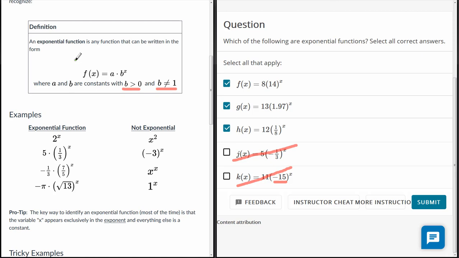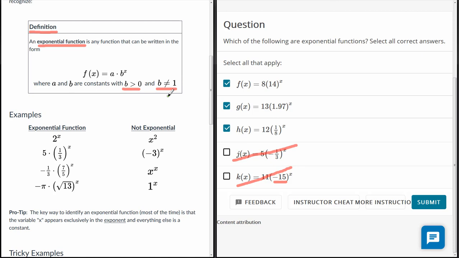We as human beings make mathematics up, so we get to make the definitions. When mathematicians decided to define exponential functions, they said, we want b to be positive and we want b to not be equal to 1. And you should say, well, why?